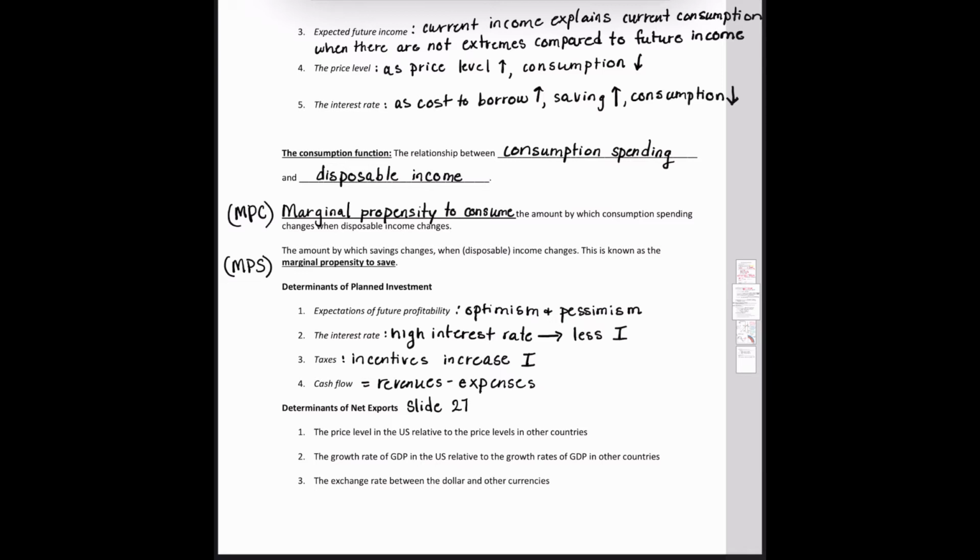And so we can see that consumers have a relatively constant MPC, marginal propensity to consume. This is the amount by which consumption spending changes when disposable income changes, the slope of the consumption function.